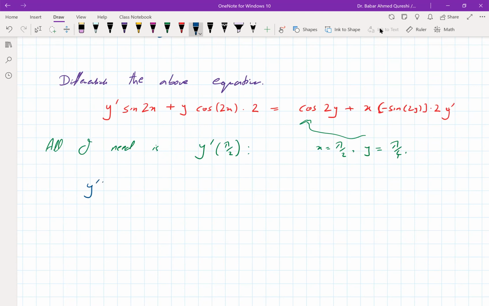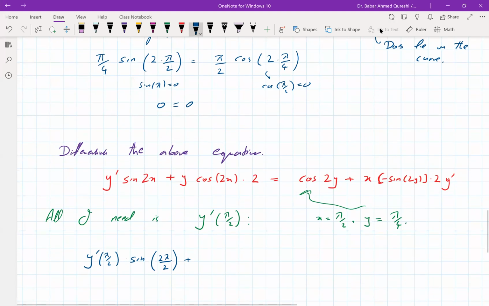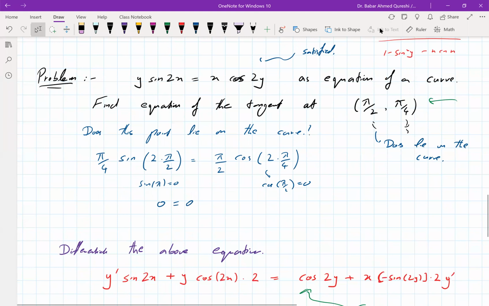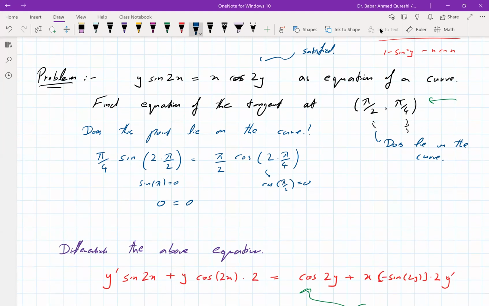So I get y dash of pi by 2 is sine of 2 pi by 2 and plus... wait, I'm sorry about this. I think he's using this symbol. Let me see.